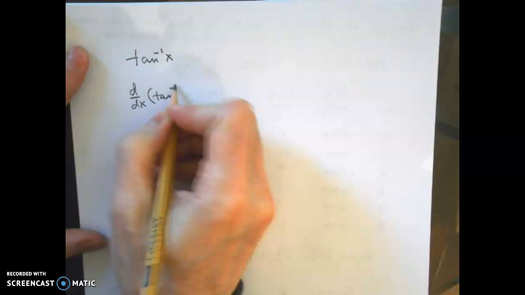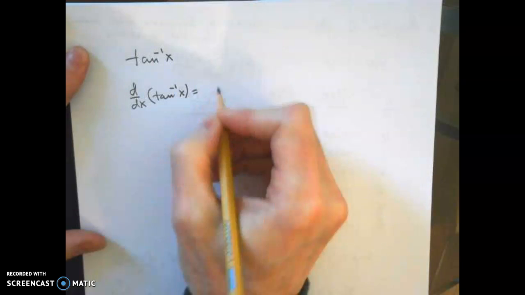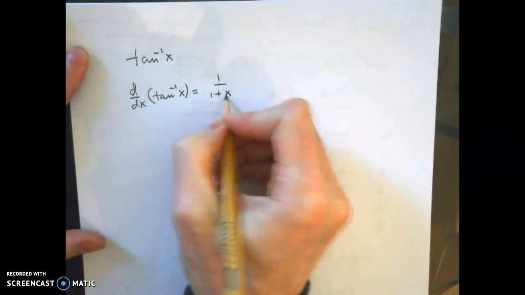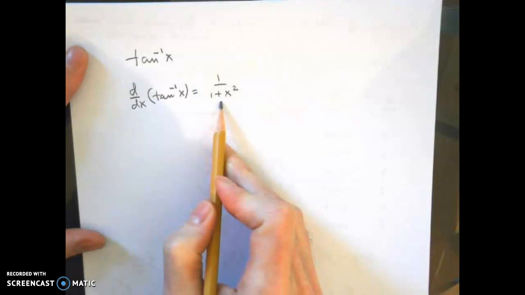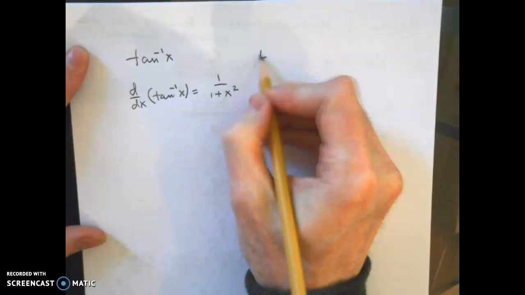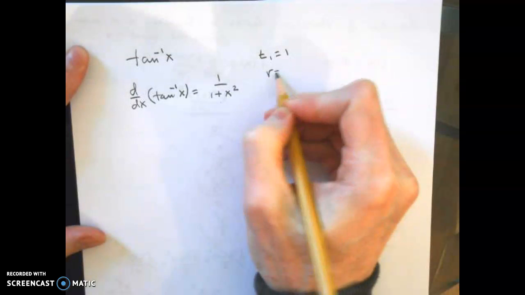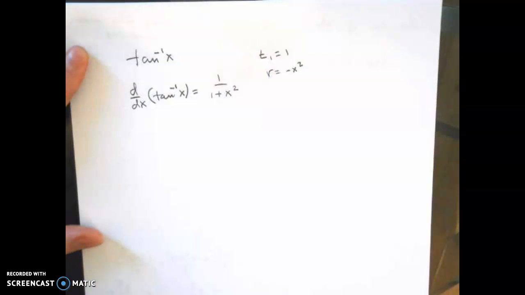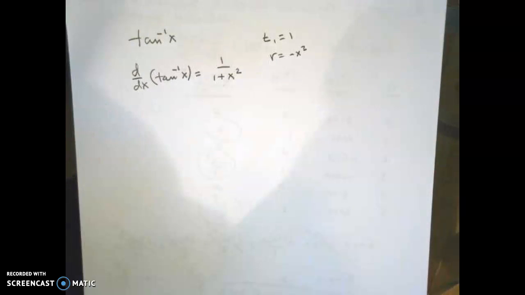Just a hint: we know that the derivative of tan inverse of x is equal to 1 over 1 plus x squared. So this one looks like the last one. You could turn this into a geometric series where your first term is 1, your common ratio is -x squared, and work from there. I'll leave the rest to you. You can find some hints if you look at my answer key as you try to work through these.